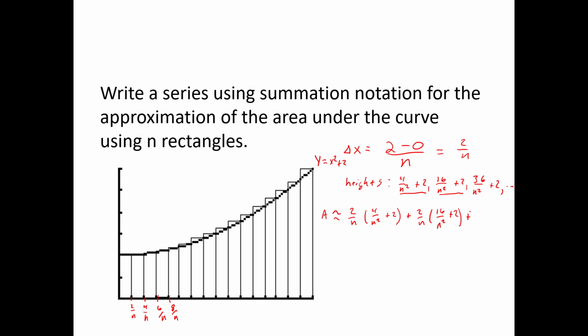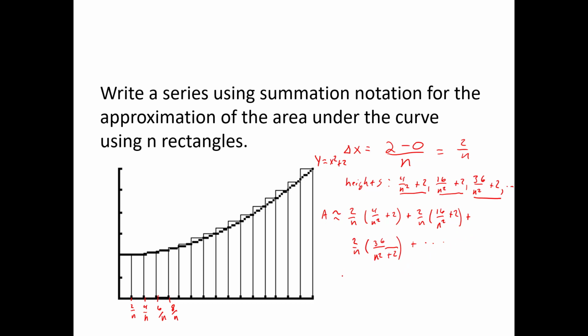Plus, for the third rectangle, the width is 2 over n, and the height is 36 over n squared plus 2, and so on all the way until we get to n.